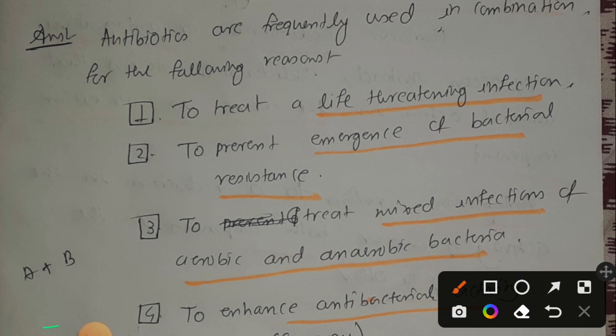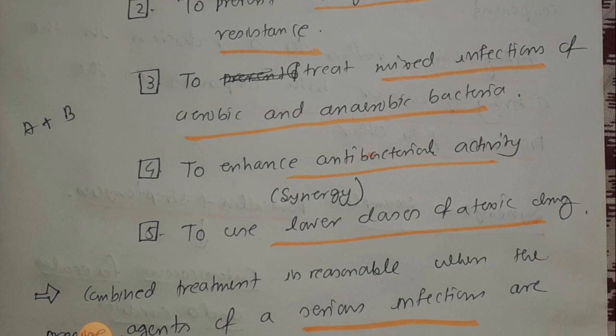So what are those benefits? First of all, we are using a mixture of antibiotics for treating life-threatening infection. Okay, and to prevent emergence of bacterial resistance. You know what, the second point is the main reason, that if we use a mixture of antibiotics, there will be a reduced chance that the bacteria can develop resistance, right?